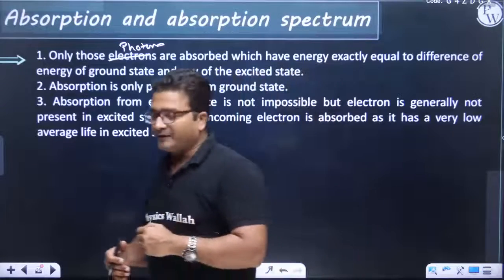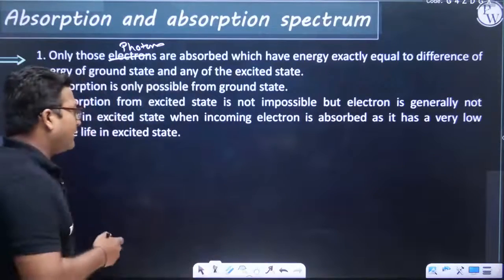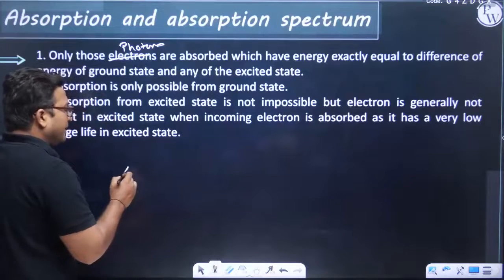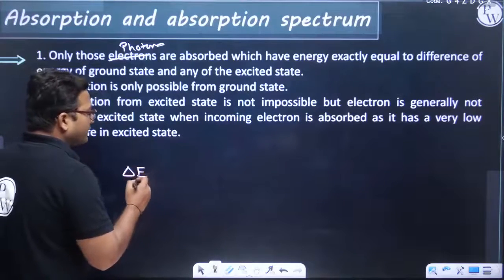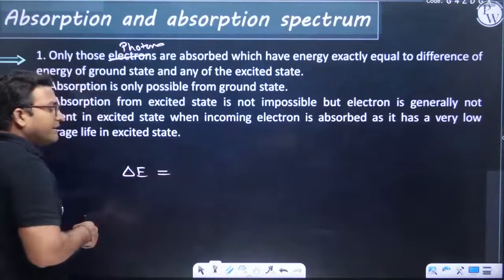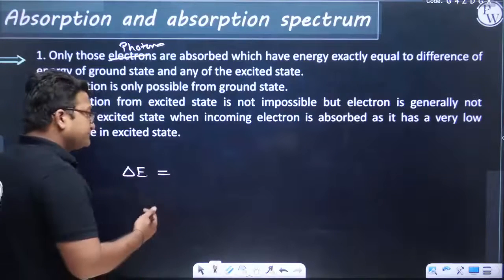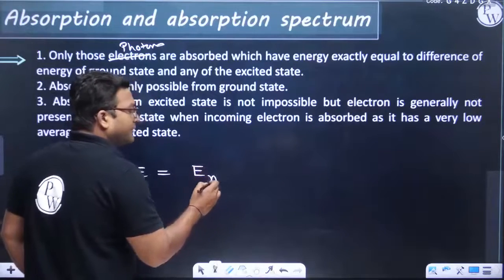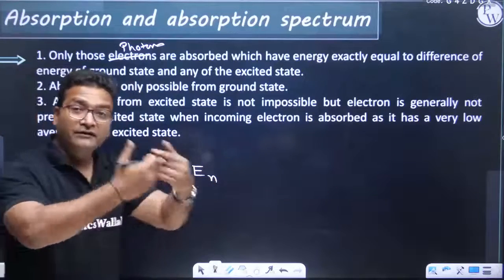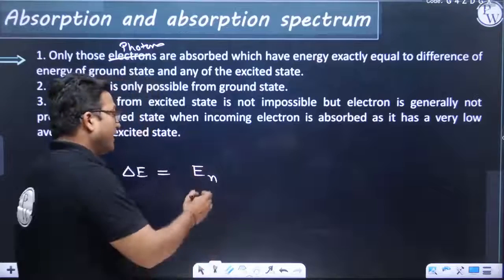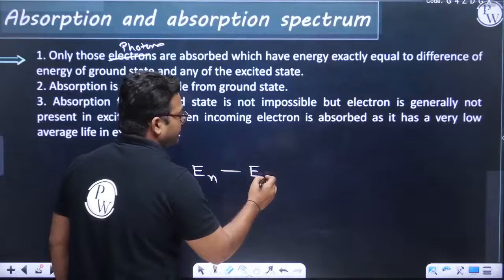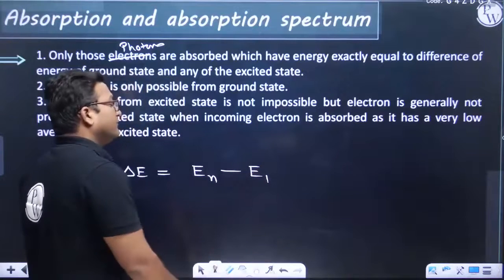So remember this point. Let us see how much energy is required for absorption. Let us say delta E is the energy required for absorption. So delta E would be equal to the energy of the nth orbit, where the electron is jumping, minus the energy of the ground orbit, which is E1.